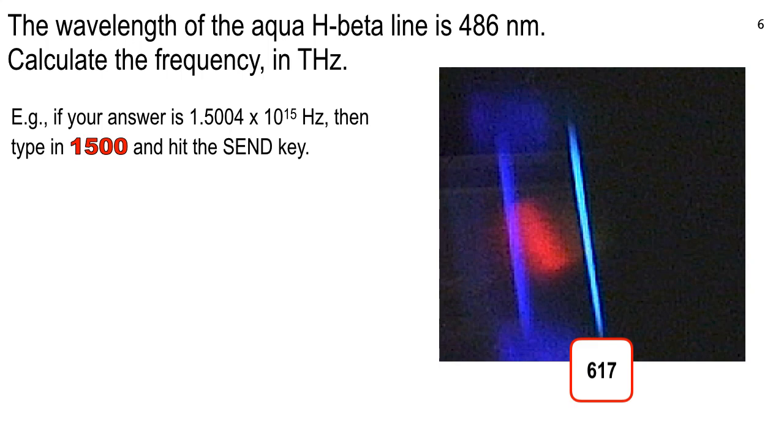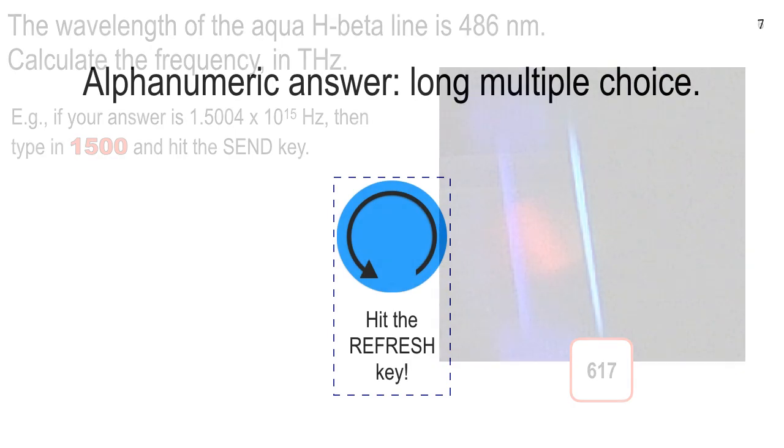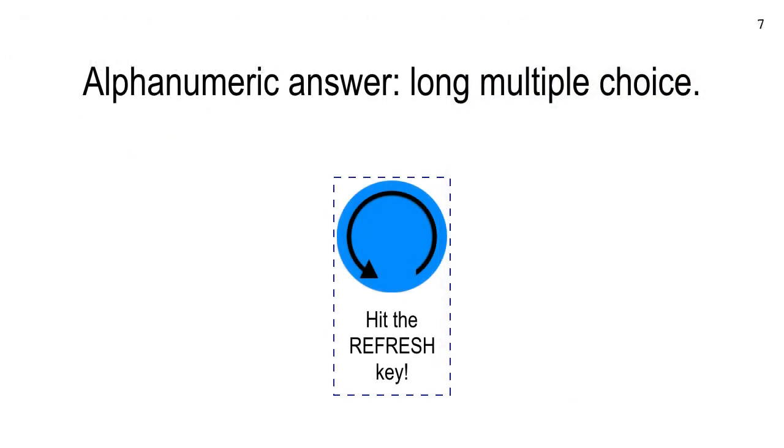All right, now next question is alphanumeric. Now this one's multiple choice, but it's more than 5. It's a long list of multiple choice, so let me switch over to alphanumeric.